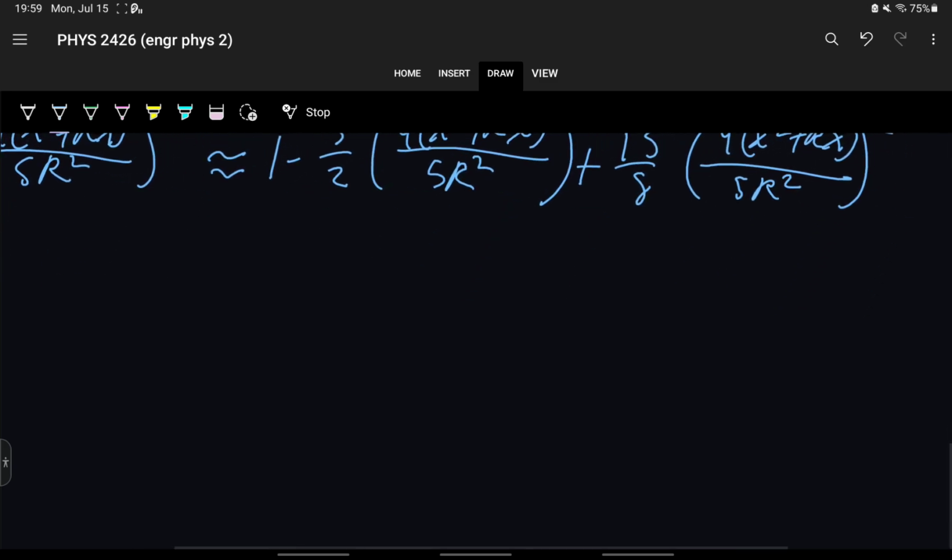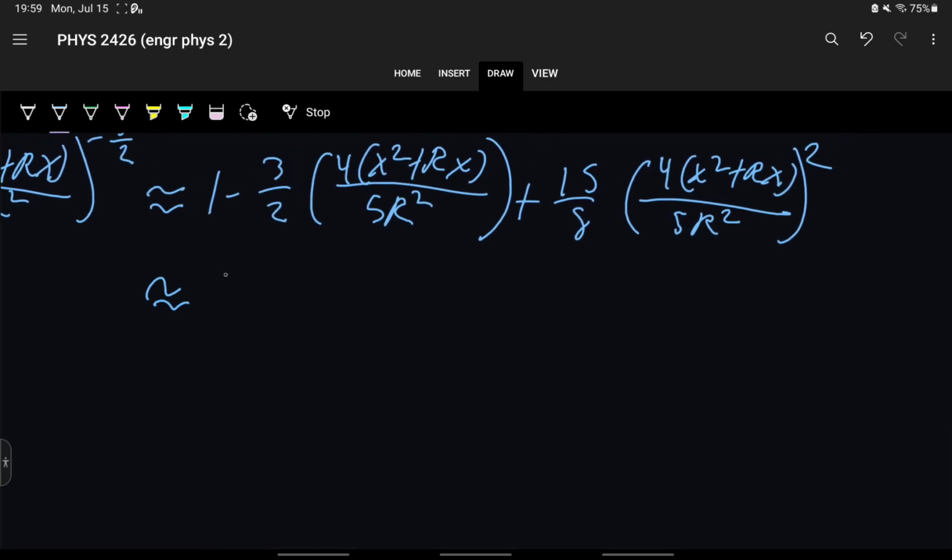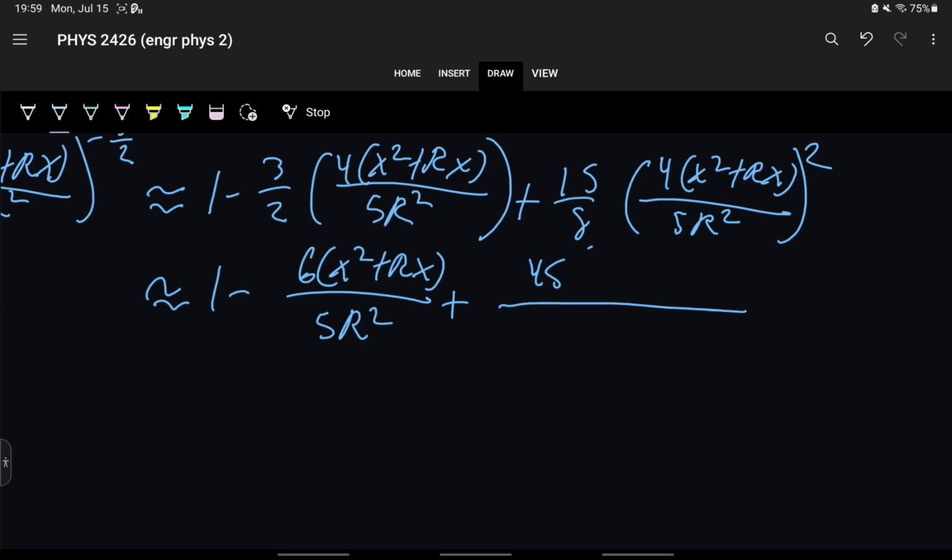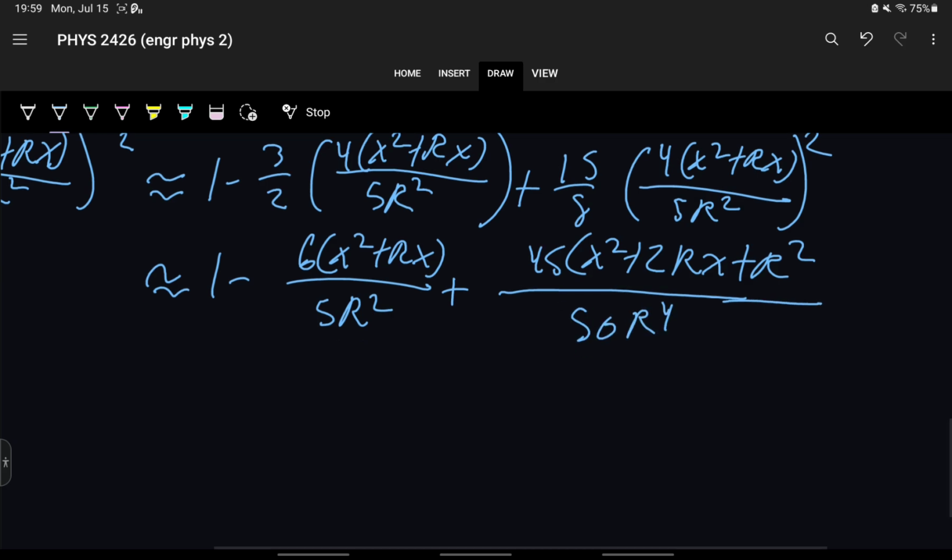Then it's going to simplify to 1 minus 6 times x squared plus r times x, all divided by 5r squared, plus 45 times x squared plus 2 times rx plus r squared, all squared, divided by 50 r to the power 4.